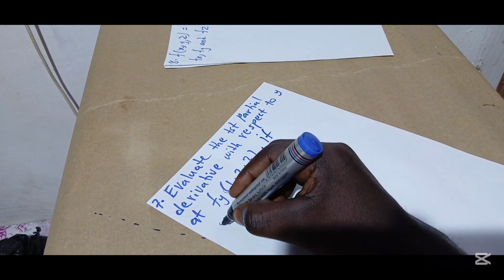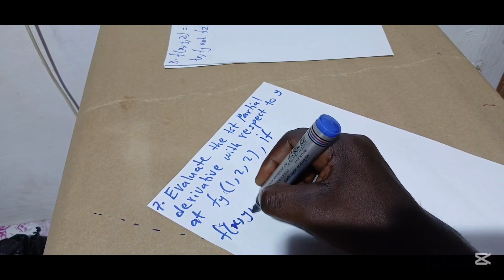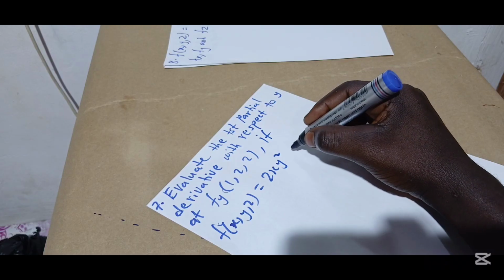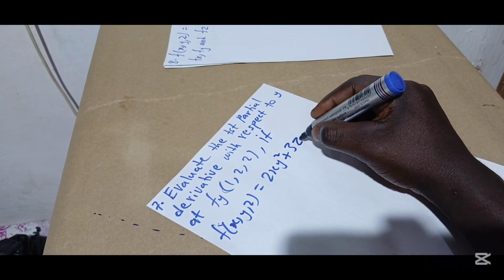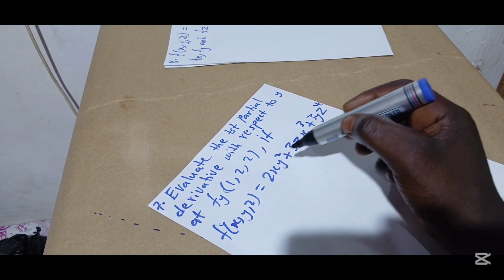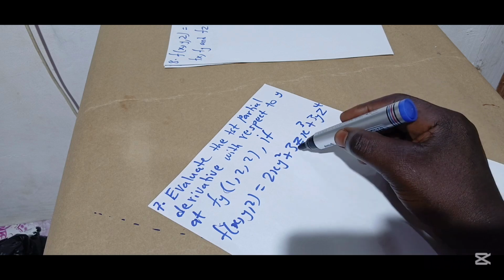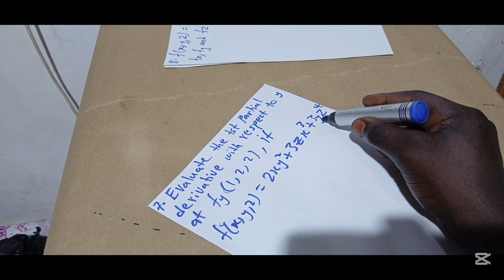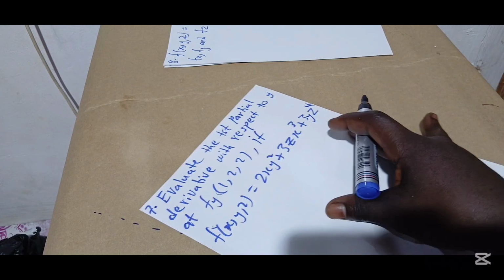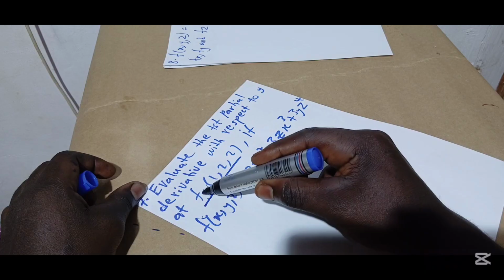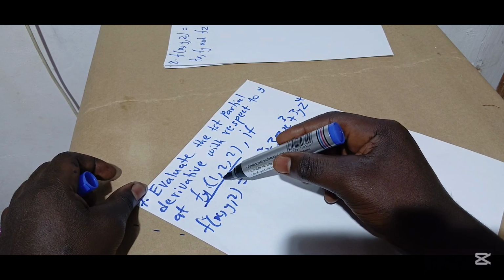If we have f of x, y, z equals 2xy squared plus 3z, so that is a function. So f of xyz equals 2xy squared plus 3z x cubed plus 3yz to the power 4. So let's start with, in this case, we have to find fy and evaluate it at 1, 2, 2.